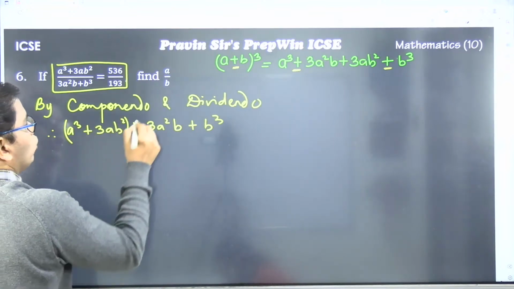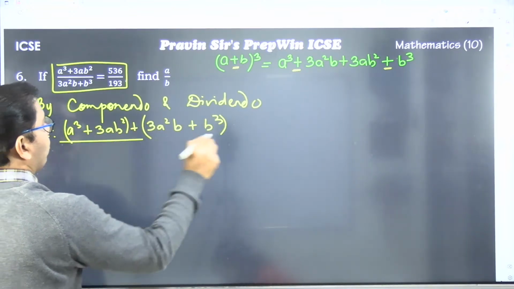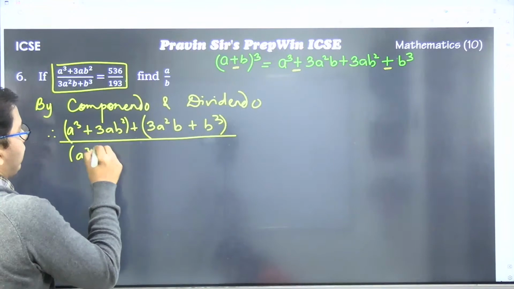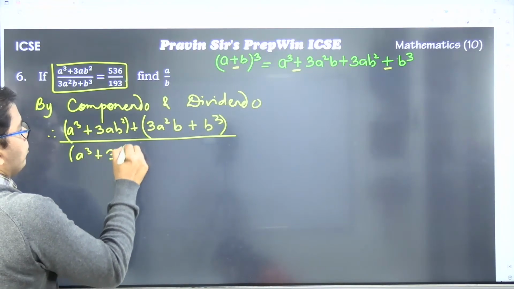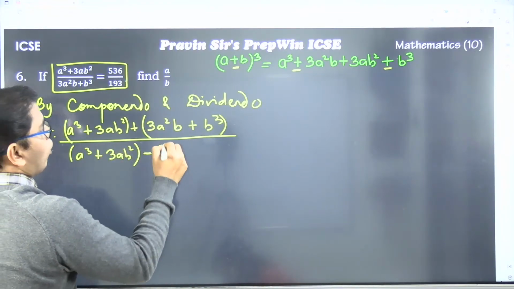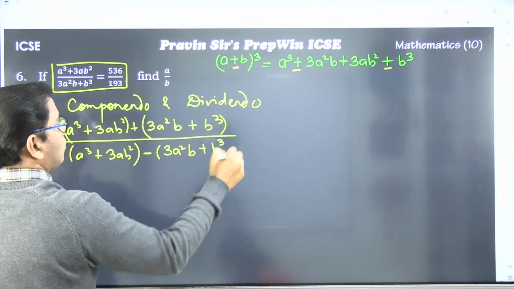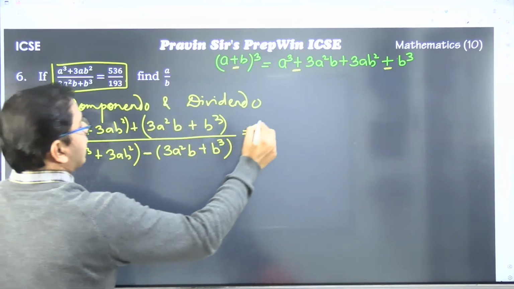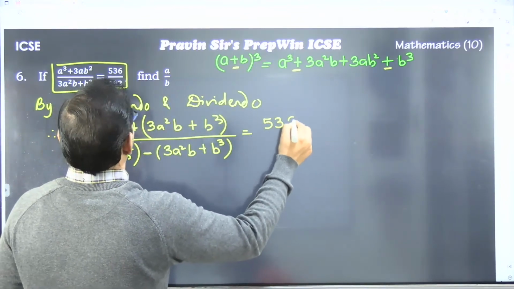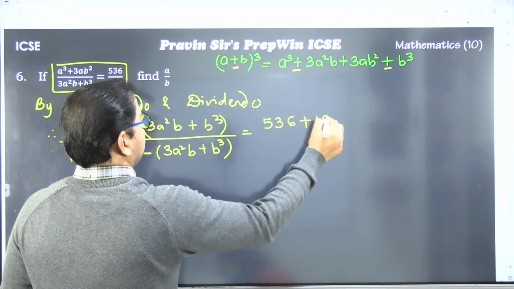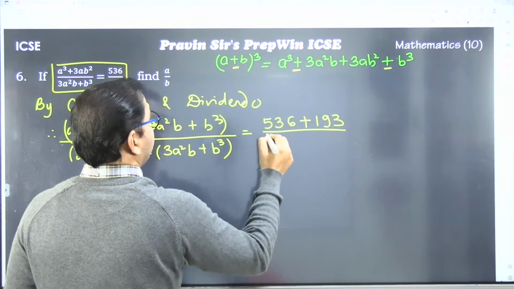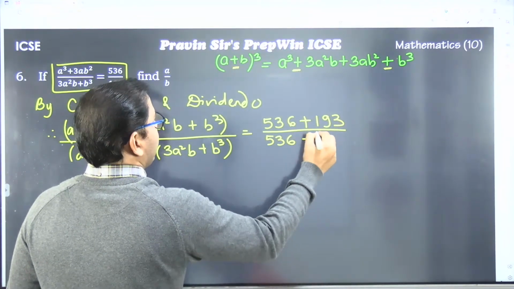Numerator plus denominator upon numerator minus denominator is equal to, right hand side is 536 plus 193. Numerator plus denominator upon numerator minus denominator.